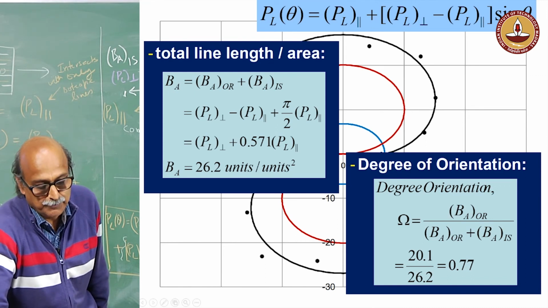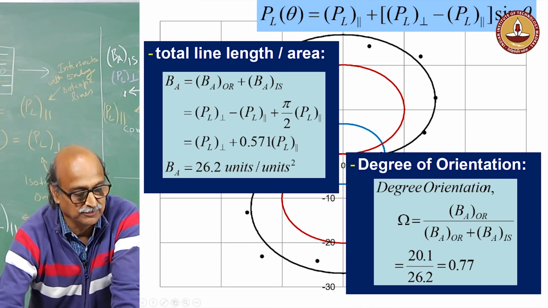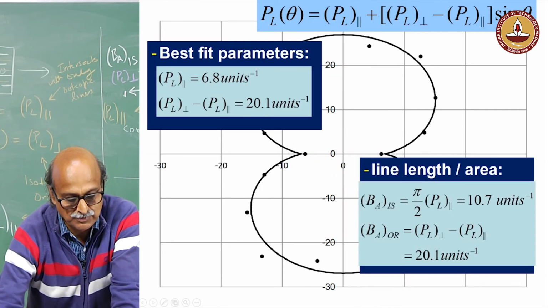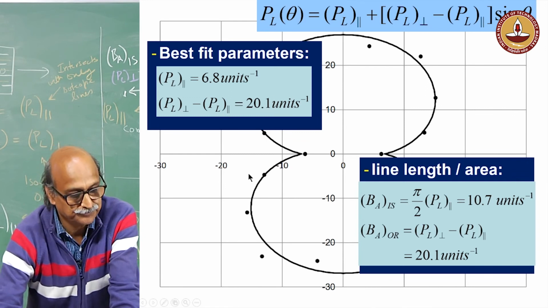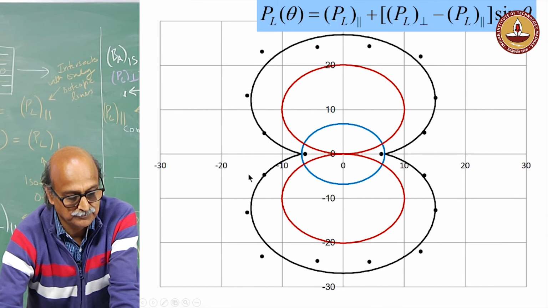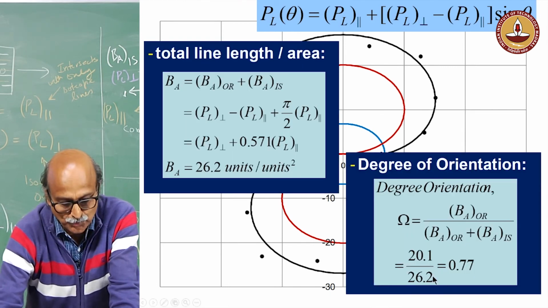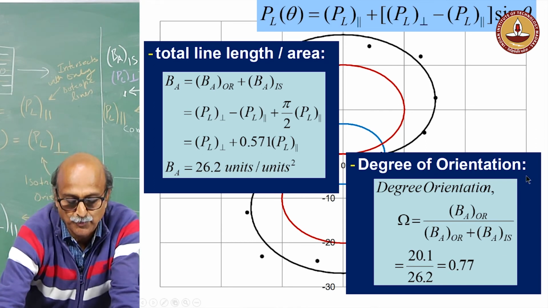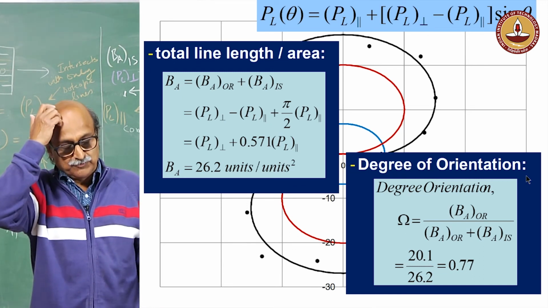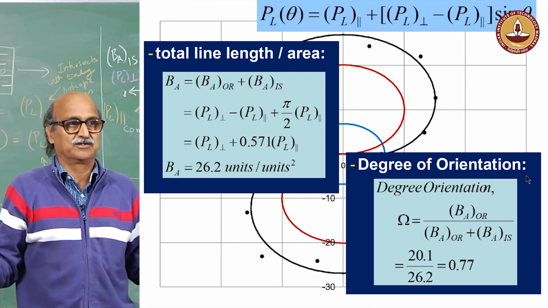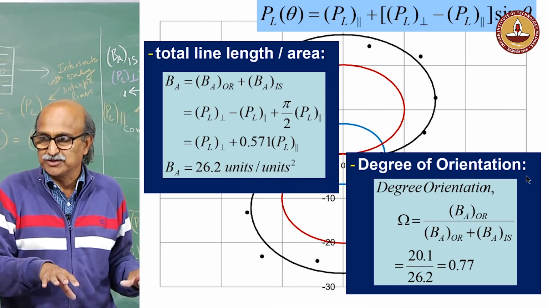So, BA oriented is nothing but PL perpendicular minus PL parallel, which from the previous slide is 20.1. And the total of the two is 26.2. So, that gives me 0.77. So, let us see what this means: 77% of the component is oriented in this microstructure.